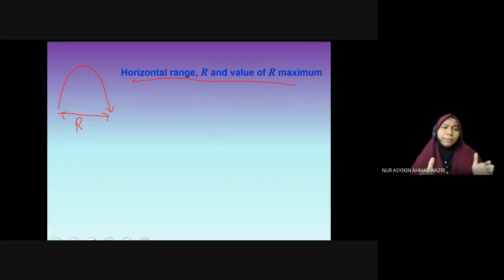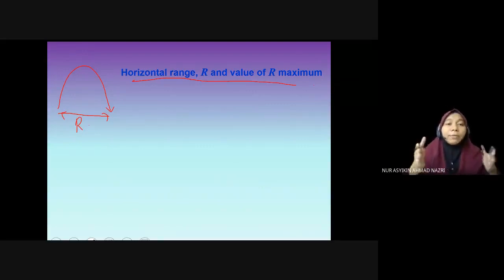So again, don't mix it up with the Y. X also has displacement, Y also has displacement. Y, earlier, we represented as H. For the X component, displacement is represented as range, for maximum focus in parabolic. If not, sometimes it is called how far horizontally.